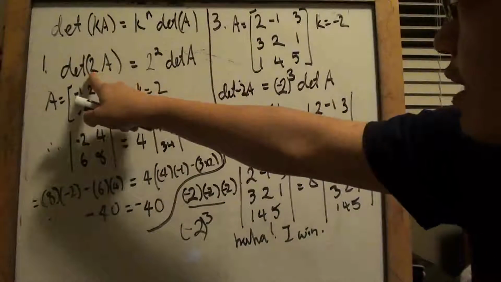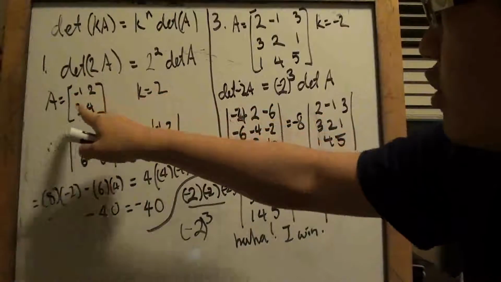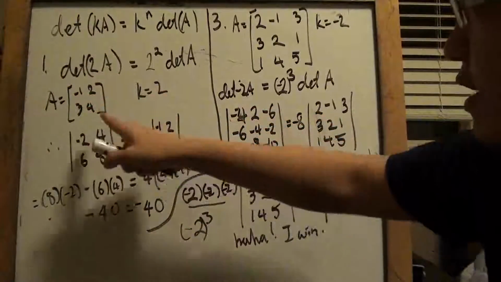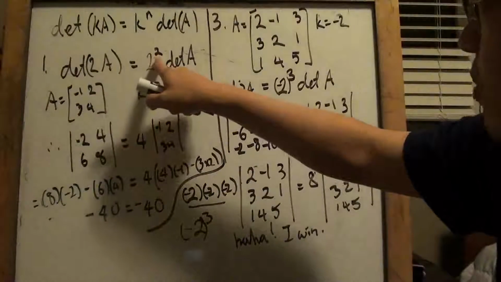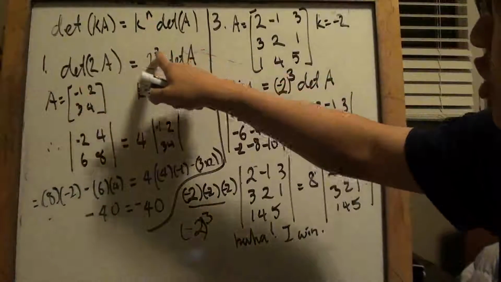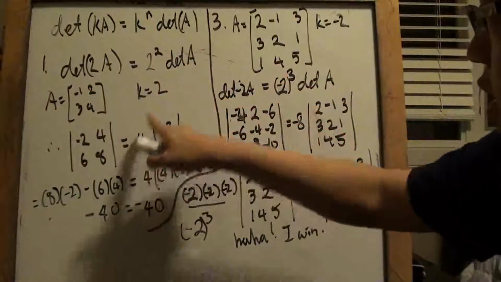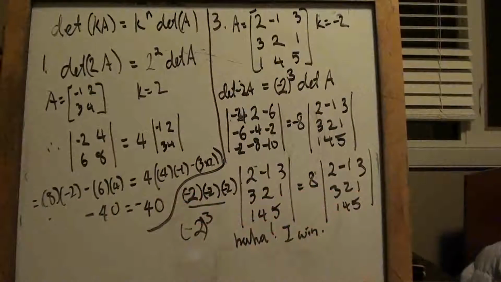Remember, if you're timesing 2 to A, then you have to times all entries, like timesing a vector. So it's going to be that, and then this will be just 2 to the power of 2, because the matrix size is 2 by 2. So 2 to the power of 2 is going to be 4, and the determinant of just a regular matrix, solve it in, and then you get the right answer.